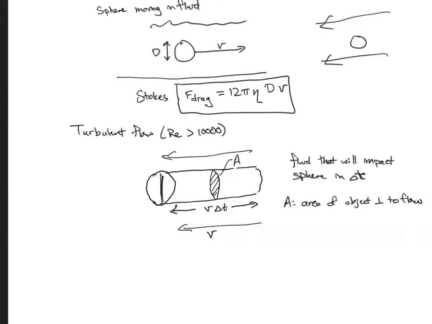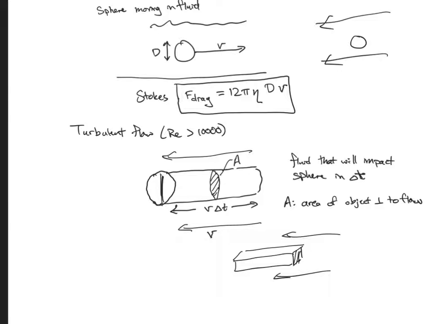So, for example, if you had a rectangular solid object like this, and the flow were like this, we'd be interested in the area of this end cap, the area that's perpendicular to the flow.